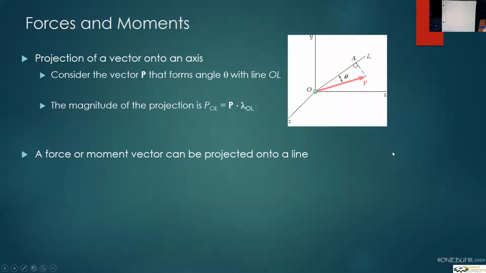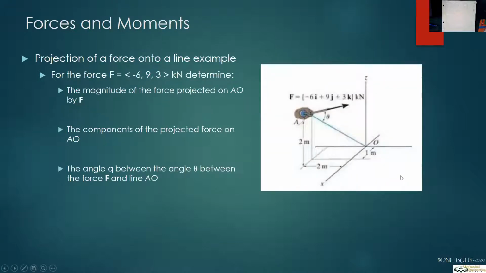I know that's a little bit to absorb all at once, so let's look at a quick example and show you the math involved. In this example, we have a force given with components -6, 9, 3 in units of kilonewtons, going off to the right as shown.